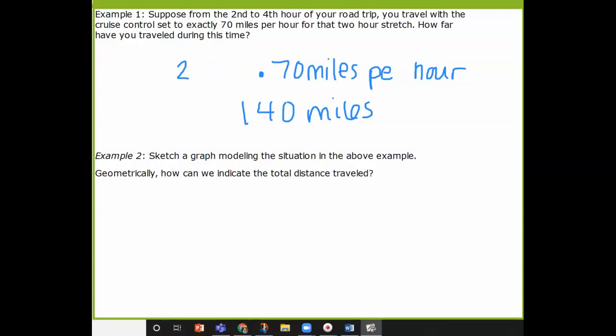Sorry, 2 hours times 70 miles per hour. And we could figure this out because we are able to cancel our units of hours, because this hours is in the denominator and the hours up here is in the numerator, which left me with miles.